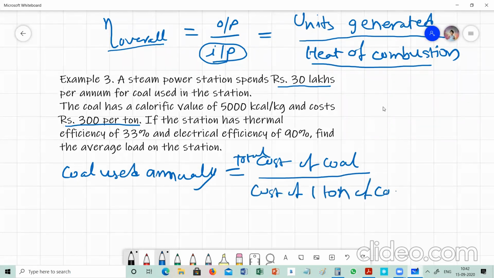Total cost of coal is equal to 30 lakhs, that is 30 into 10 raised to 5, divided by cost of 1 ton of coal, which is 300. Means we will get total coal used annually.